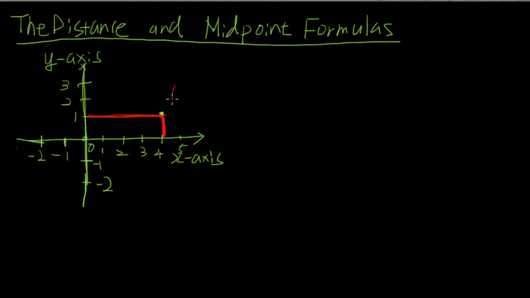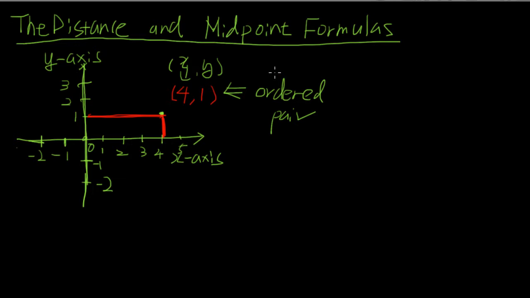It's right above 4, and the y value is 1. This is the x value, this is the y value. What do we call this x and y pair? We call that pair an ordered pair.